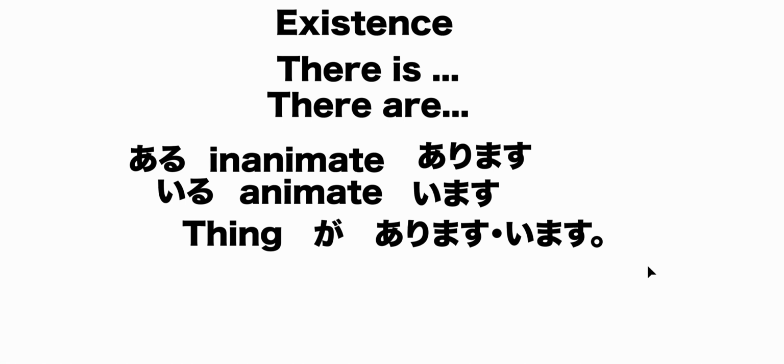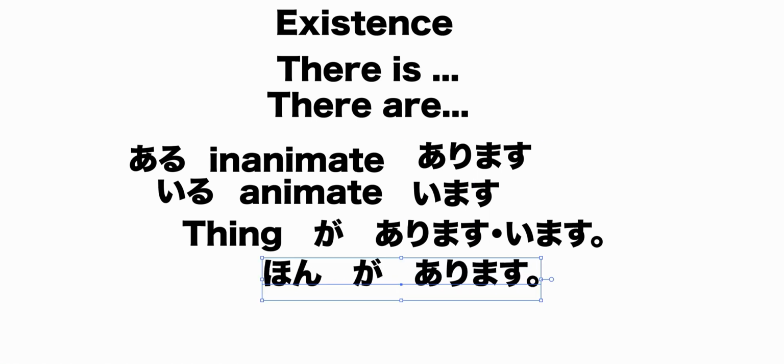For example, if we wanted to say there's a pen, it would be pen ga arimasu. I'm going to give you a couple of examples, see if you can think of what they would be. How would you say there's a book or there are books? Because we don't necessarily know until we talk about how many of something there are. How would you say in Japanese, there's a book, there are books? Pause the video if you need to. Here's our answer.